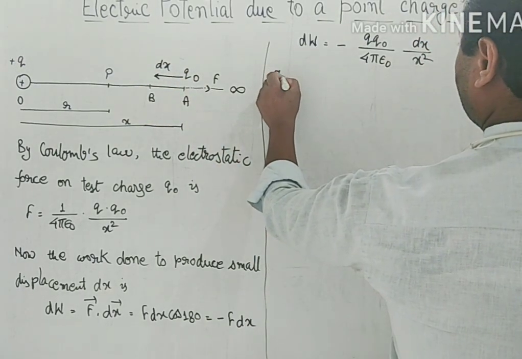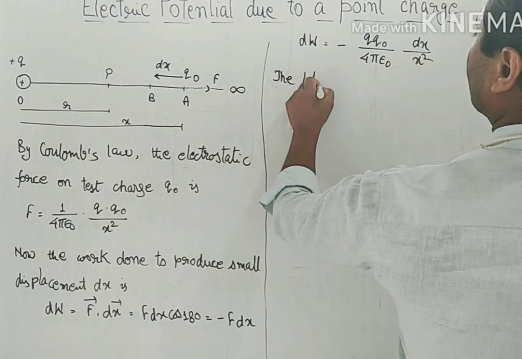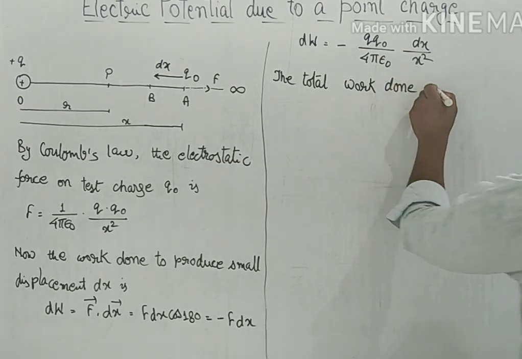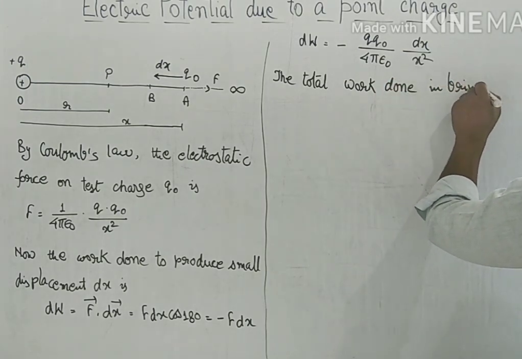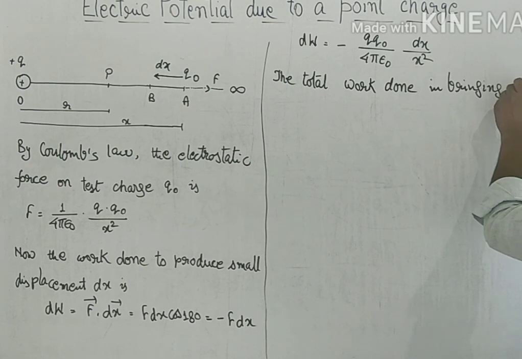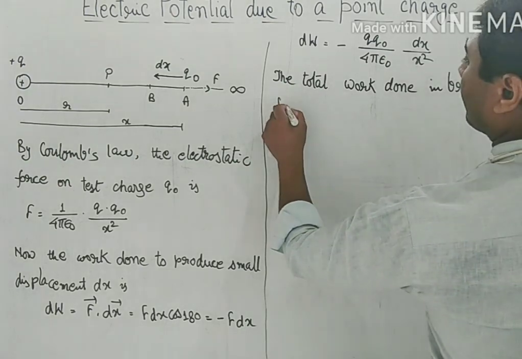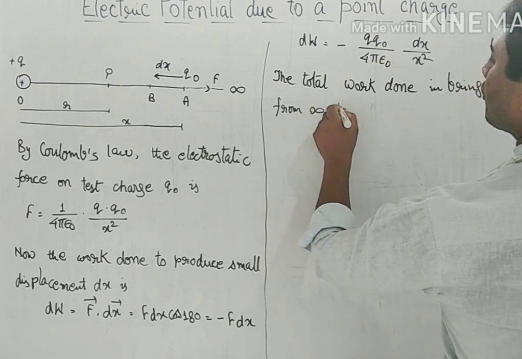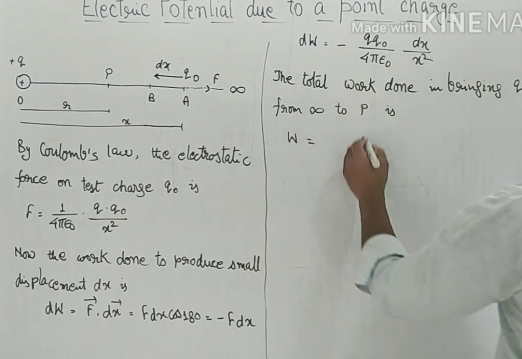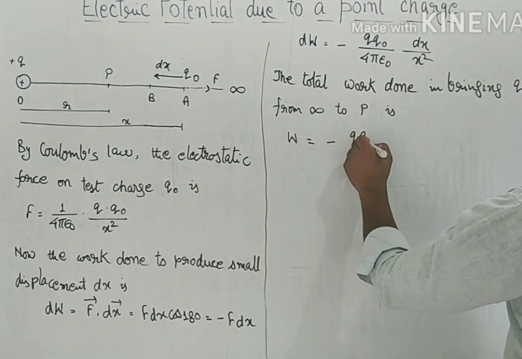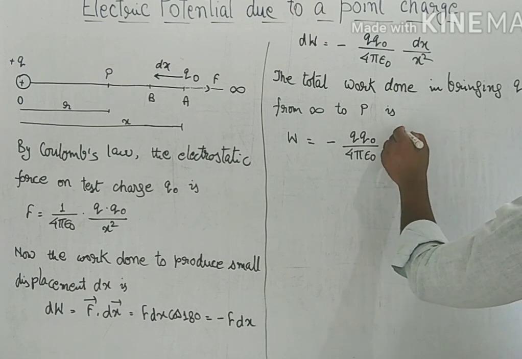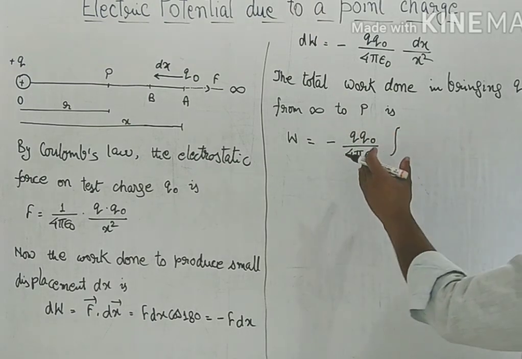So the total work done in bringing Q0 from infinity to P is W, which equals minus Q0 upon 4 pi epsilon naught, as this is a constant term, so it has nothing to do with this integration, and I am just writing it outside of the integration.